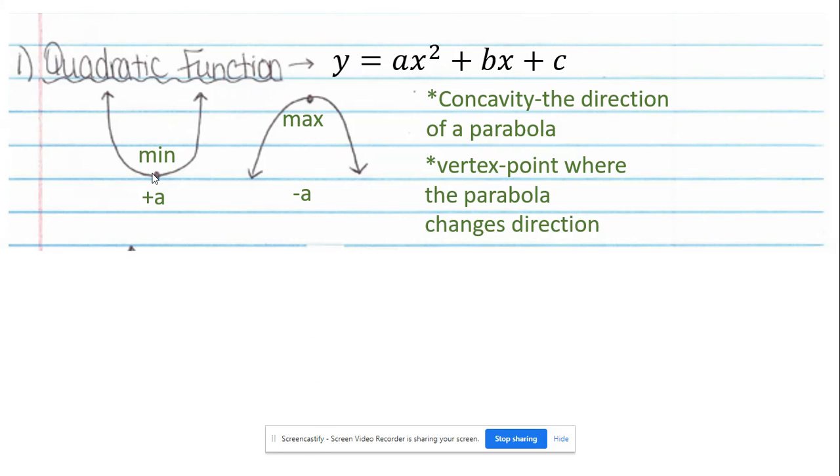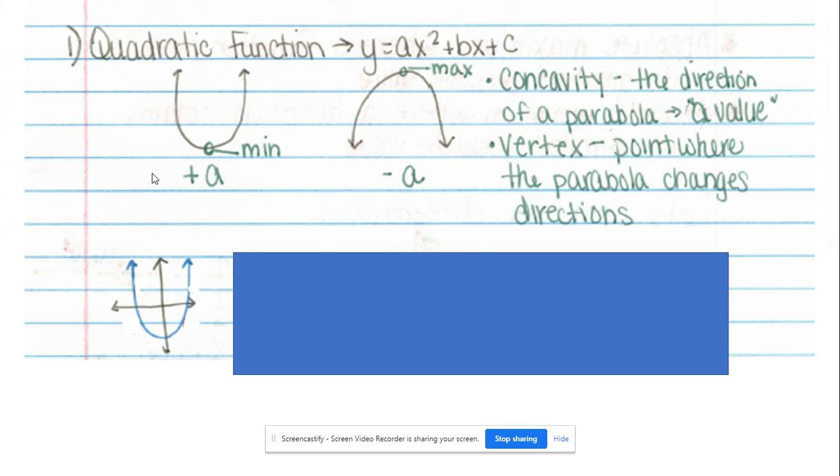And if the graph is shaped down like a frown, then that is a maximum value. It's the highest point if your graph is curved down, and the lowest point if your graph is curved up. So make sure you have all of these notes copied down. And that's just what my notes look like.